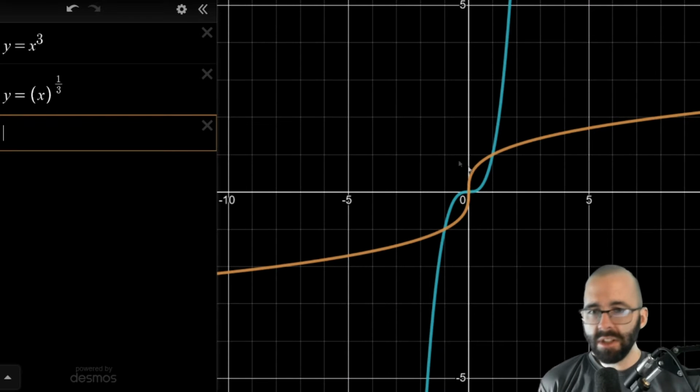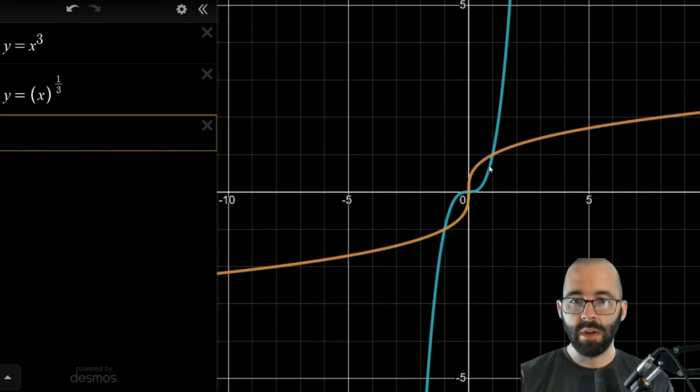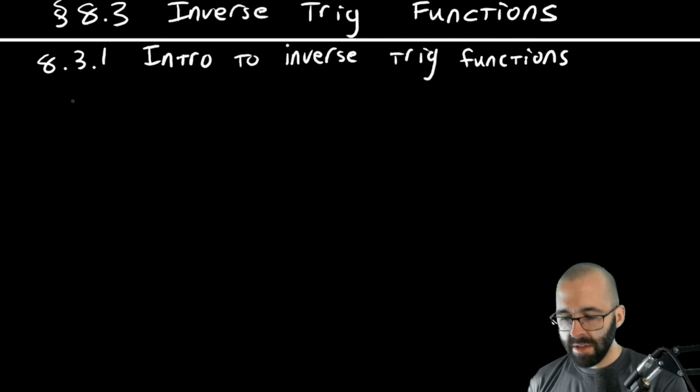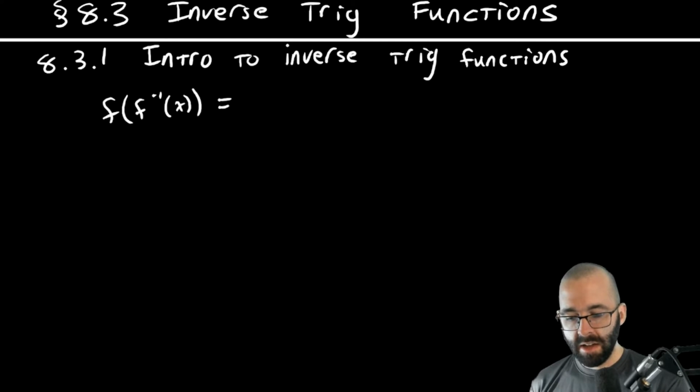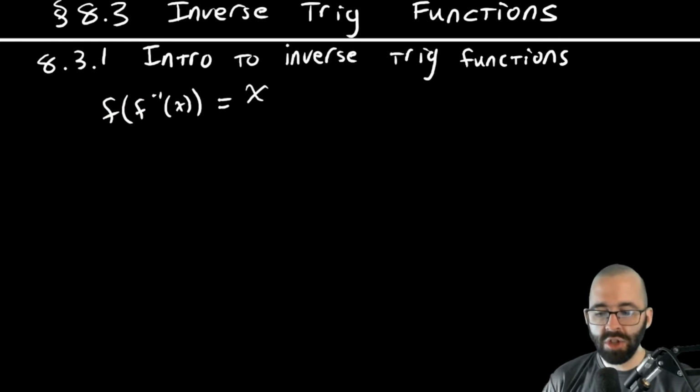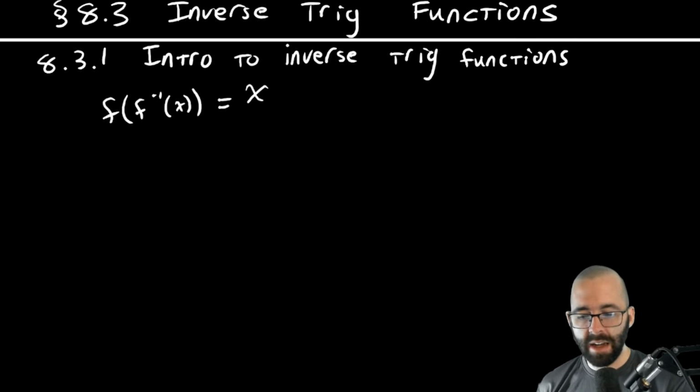And then the whole thing about inverse functions is that they undo each other, okay? If I have an inverse function, they undo each other. So like f of f inverse of x, you can think about f and f inverse kind of canceling out in a sense. They undo each other and we're just left with whatever we have on the inside.